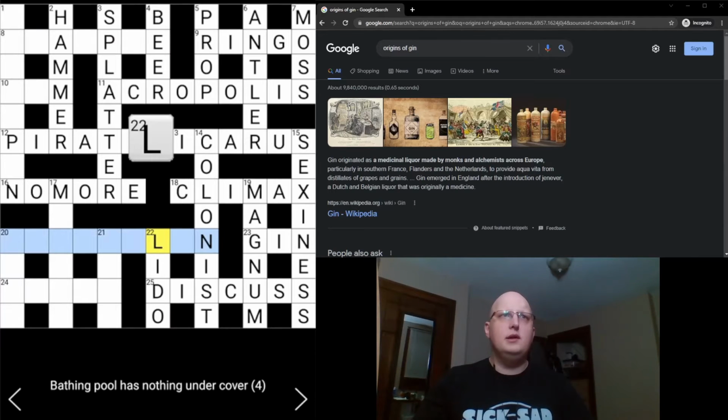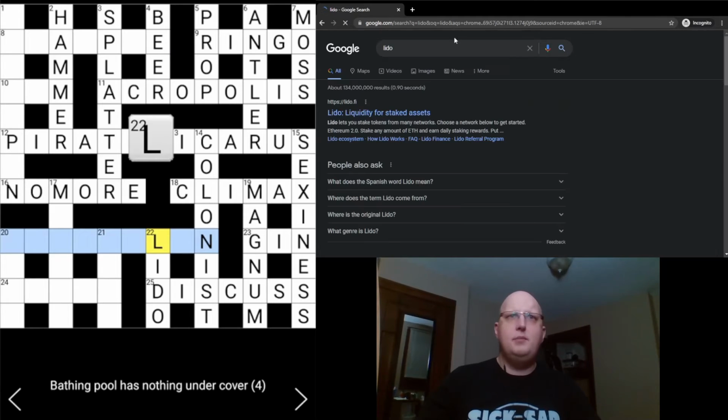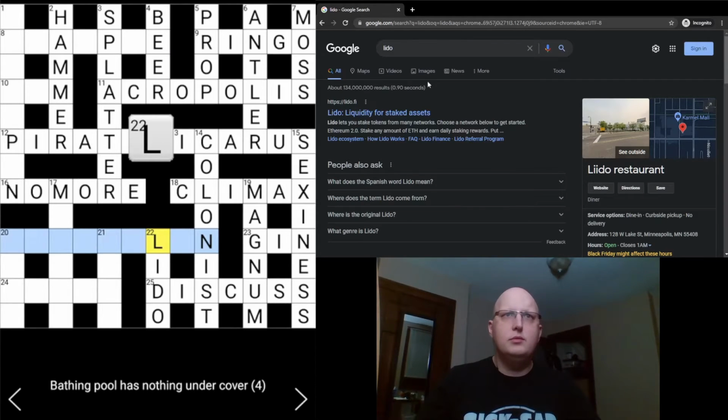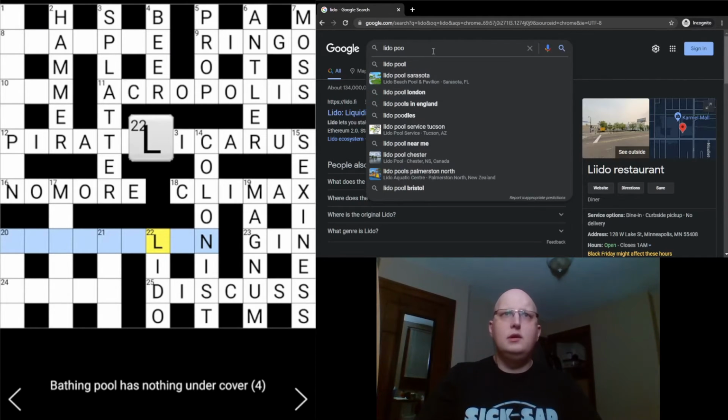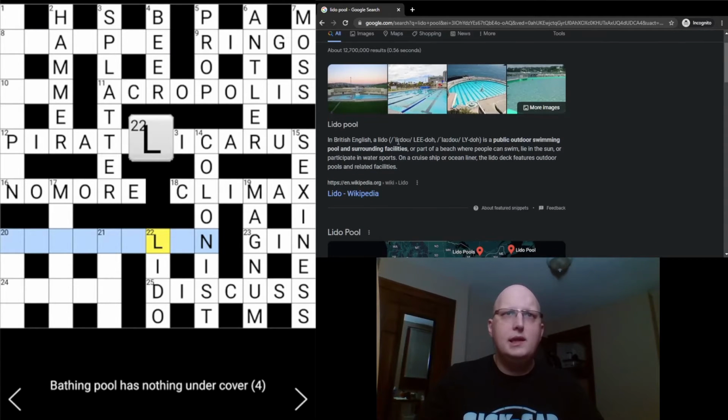Let's look up how it's supposed to be pronounced. That's, I guess, a British word for pool. Lido is a public outdoor swimming pool and surrounding facilities. There you go, Lido. Lido deck. Things you learn while solving cryptic crosswords.